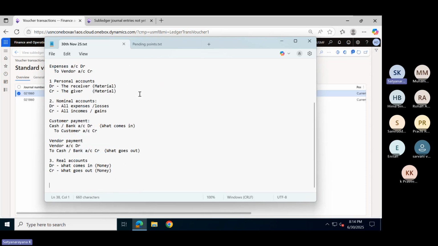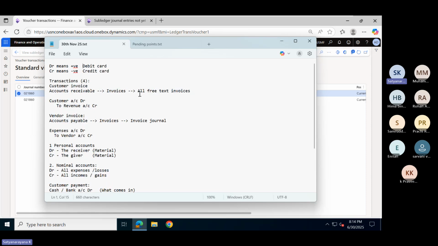Okay, these 4 transactions, 3 golden rules, you need to practice a lot. Whether it takes 1 week, 10 days, 15 days, no problem.